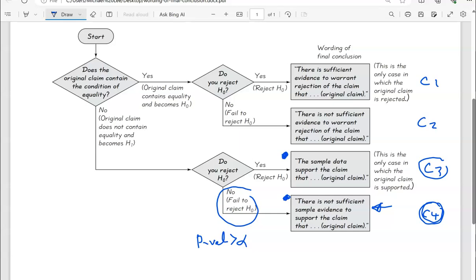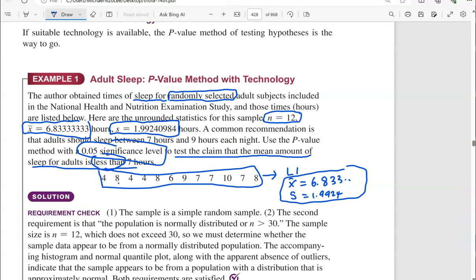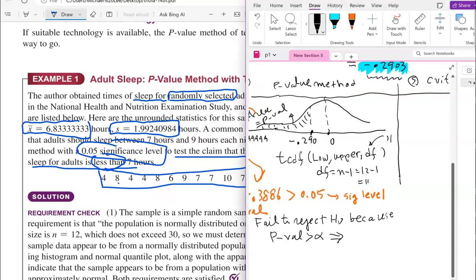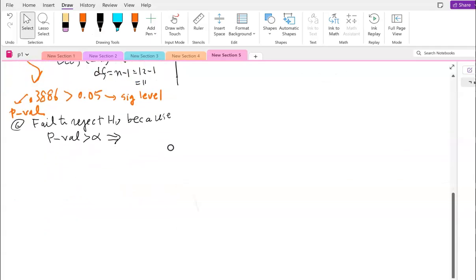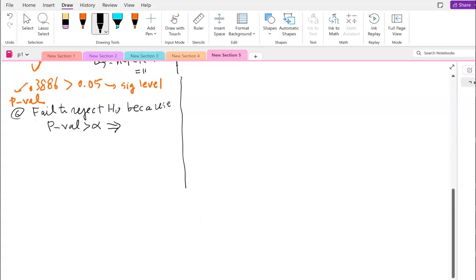Okay, so 7 is the final conclusion. This is case 4, right?